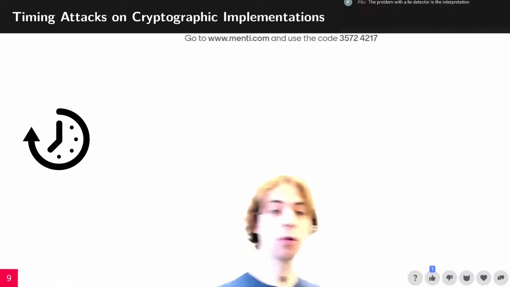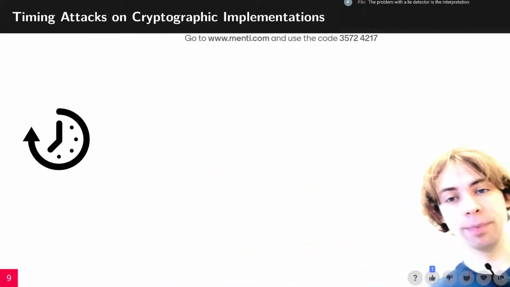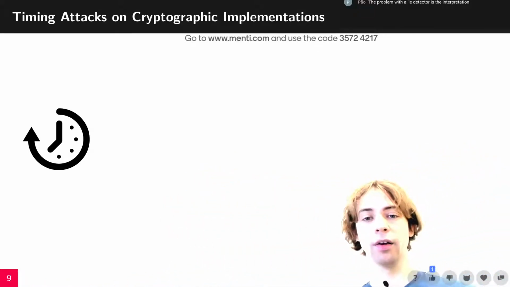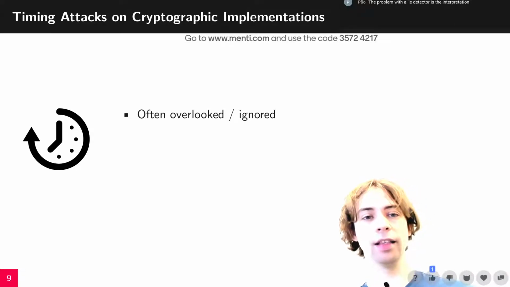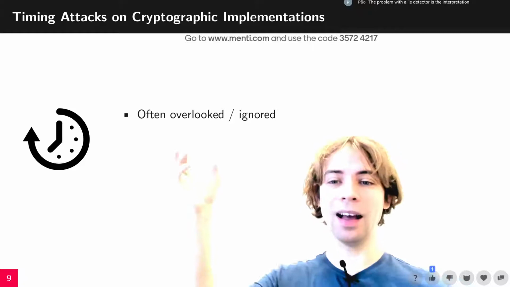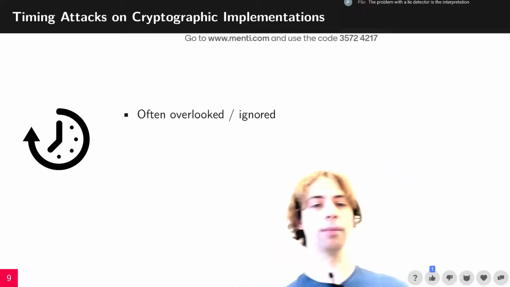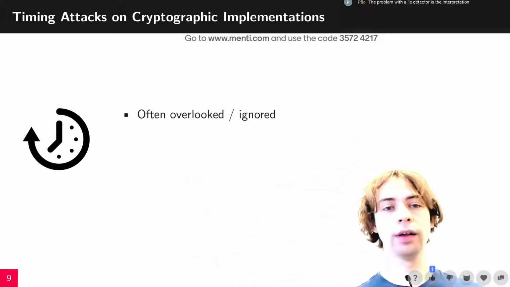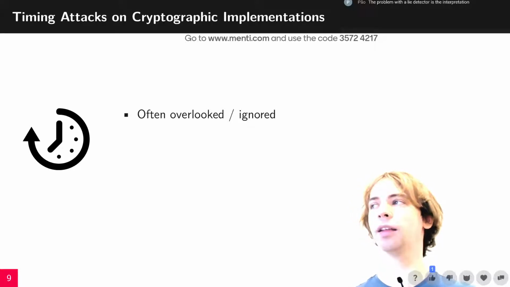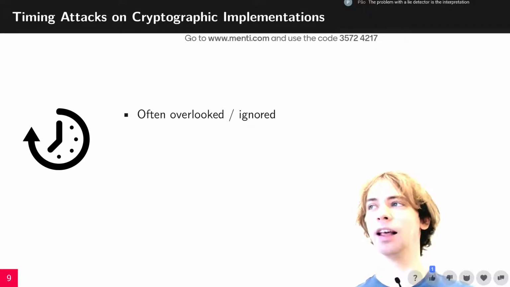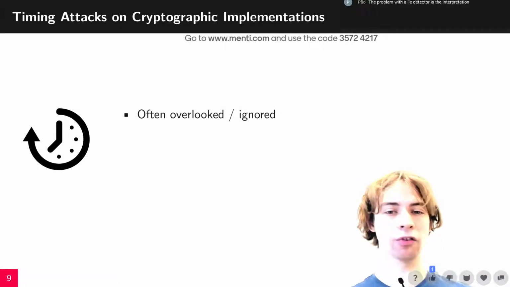Timing attacks on cryptographic implementations have been the most relevant in the past. Very often there are timing attacks in cryptographic implementations, or in the past were. Today I think it's becoming less common in the standard crypto libraries.